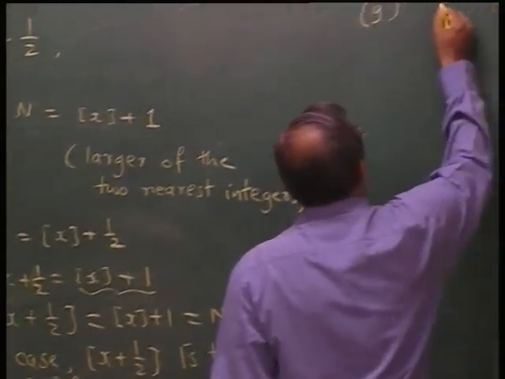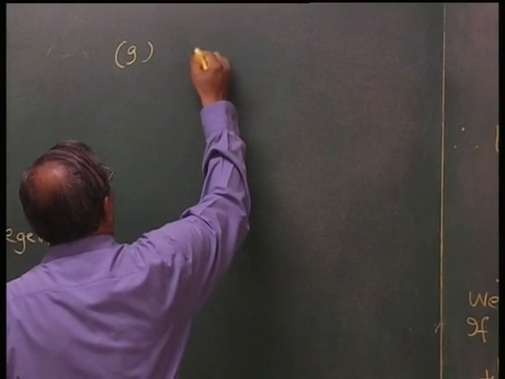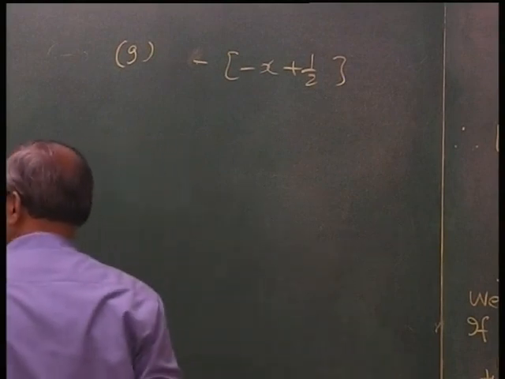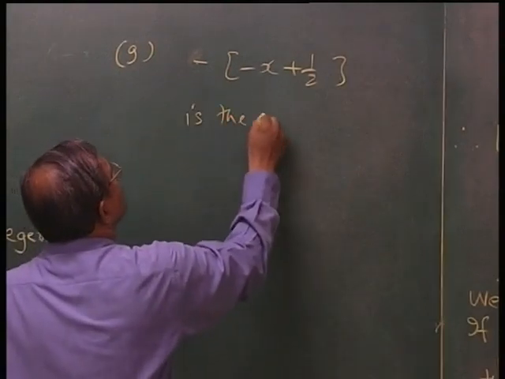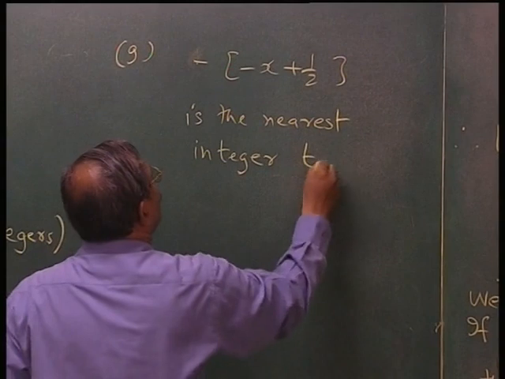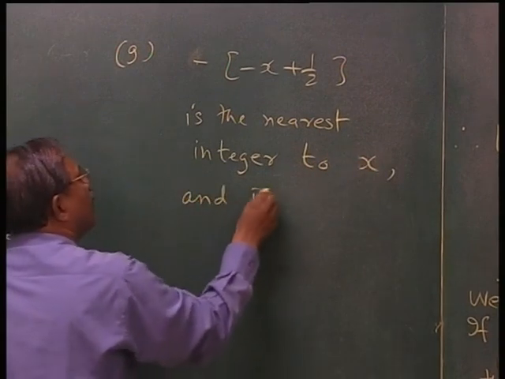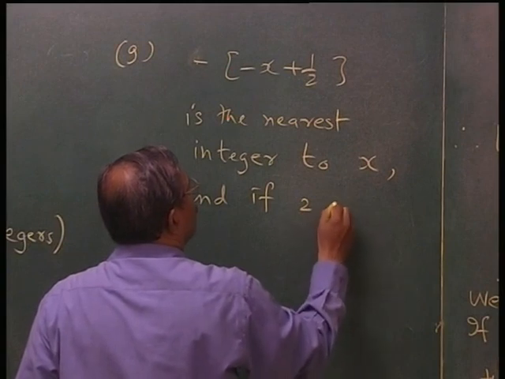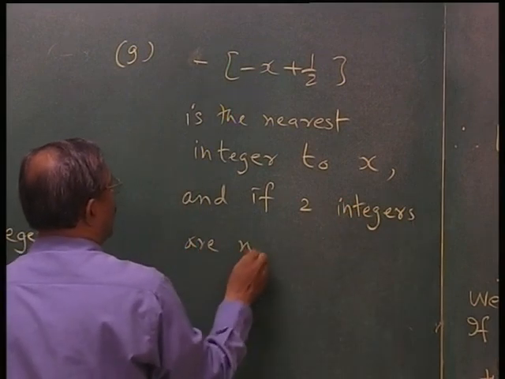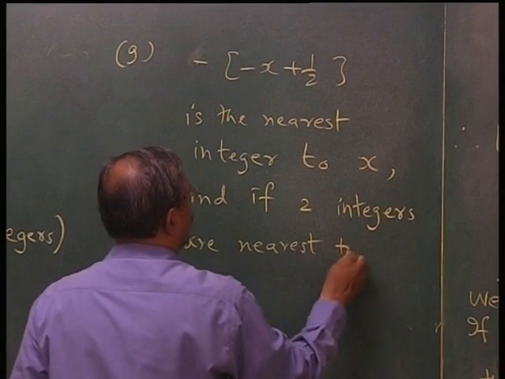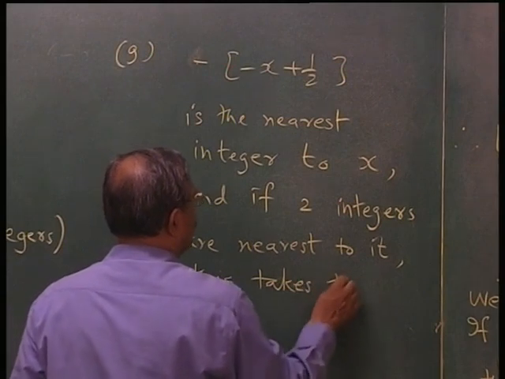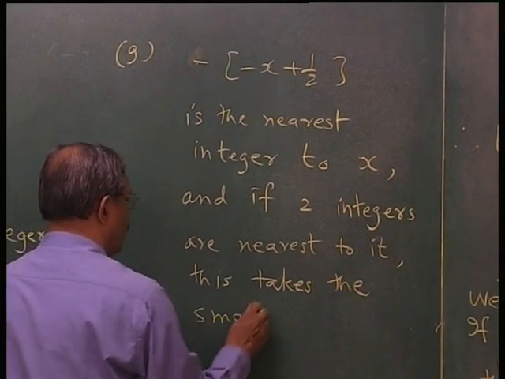Property 9 is that minus of the integral part of minus x plus half is the nearest integer to x, and if two integers are nearest to it, this takes the smaller value.